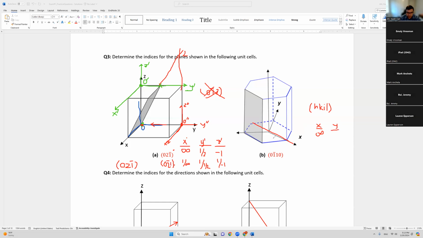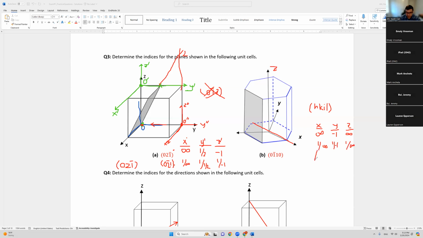Y, it cuts at -1. And let's look at the z-axis. And z-axis, again, this is parallel to the z-axis, right? So it's infinite again. So I take the reciprocals of this, and reciprocals will be 1 over infinity, 1 over -1, and 1 over infinity again.